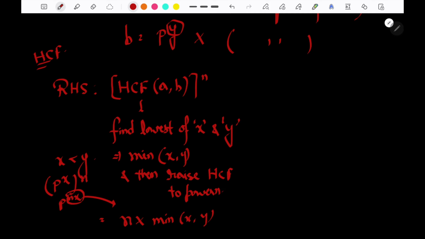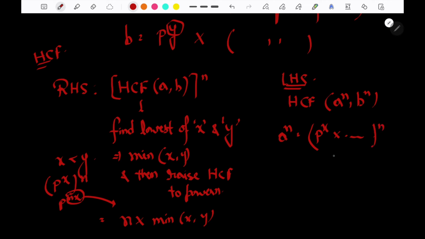Super. Now if we check the LHS, left hand side, what is written? HCF of a to the power n comma b to the power n. What does a to the power n mean? It means p to the power x into some other prime factors I am not interested in, so this will be p to the power nx.